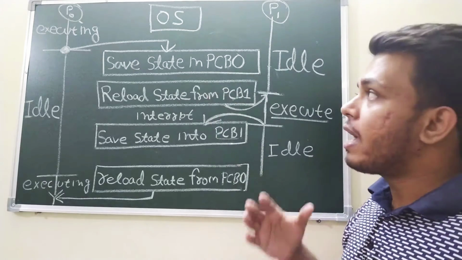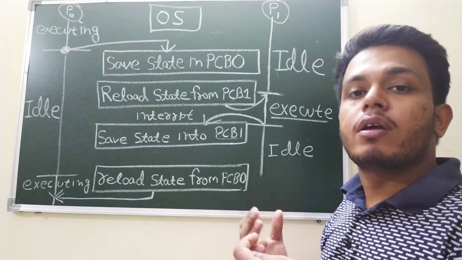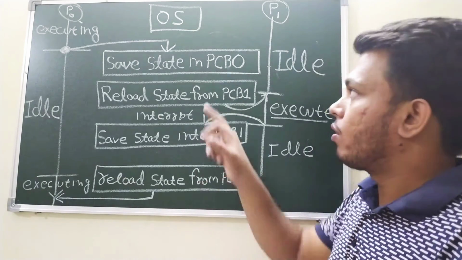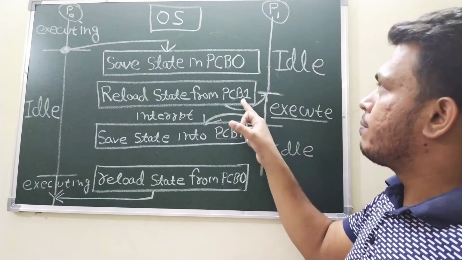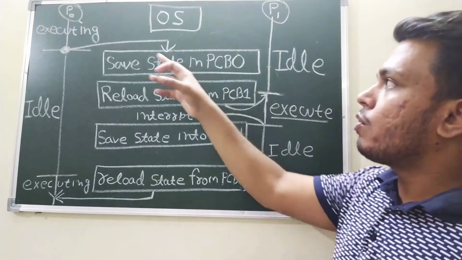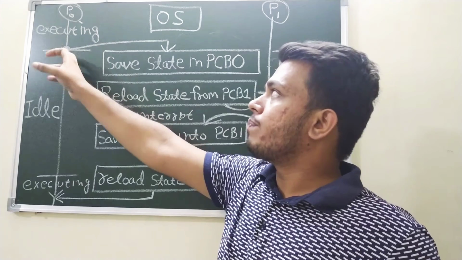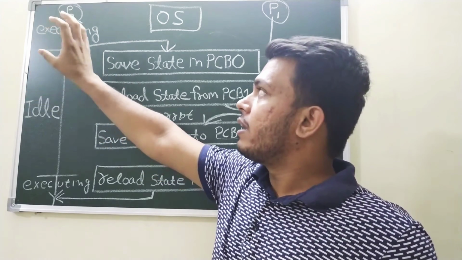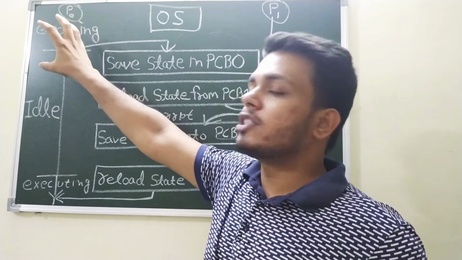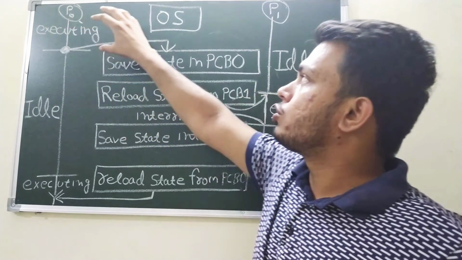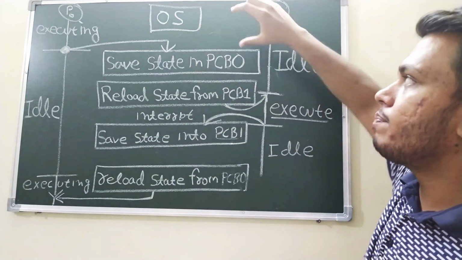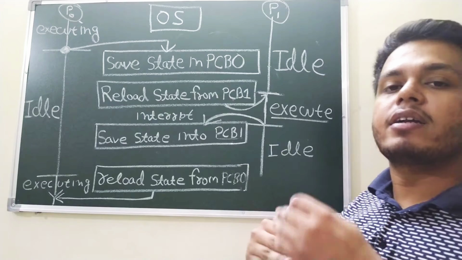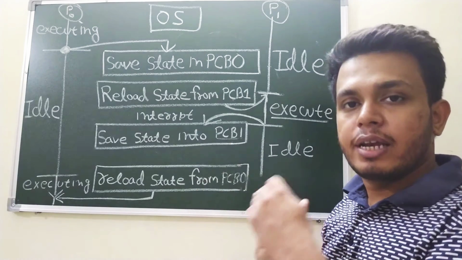As we know, every process has its own process control block: PCB0, and PCB1 for process P1. So once the CPU wants to leave this process, the CPU stores its state inside PCB0, at this particular instruction. Clear?